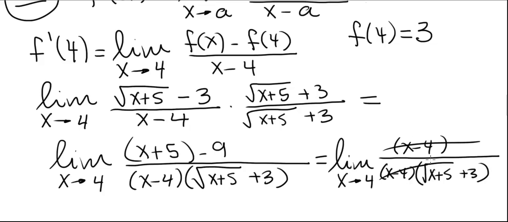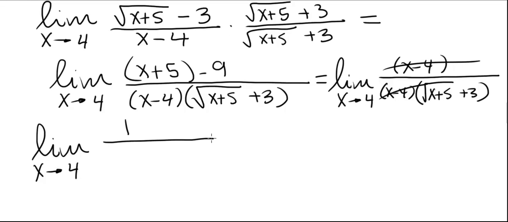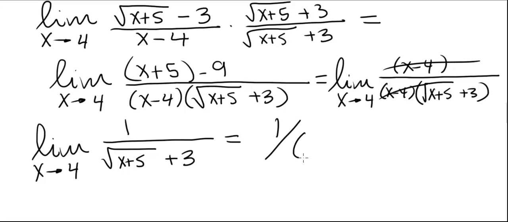So these cancel, and we're left with the limit as x approaches 4 of 1 divided by square root of x plus 5 plus 3. So as x approaches 4, the denominator becomes square root of 9, which is 3, plus 3. Denominator is 6, and the final answer is 1/6.